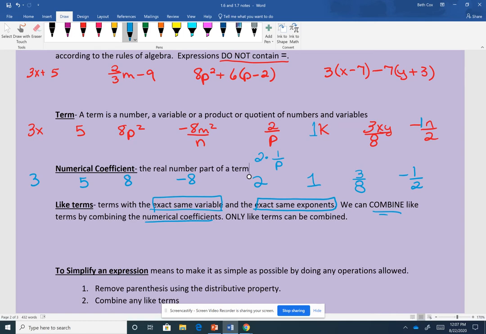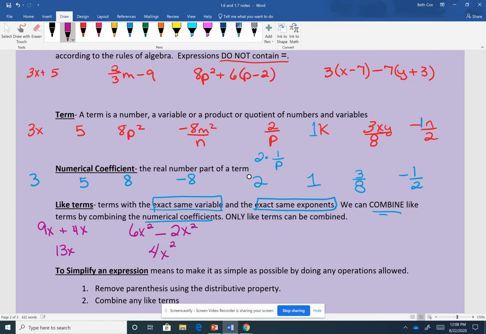So, for example, 9x plus 4x. Those are like terms. 9x's plus 4x's, I can combine those to make 13x's. And 6x to the second power minus 2x to the second power is going to be 4x to the second power.